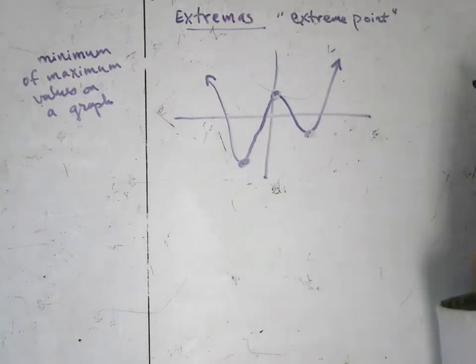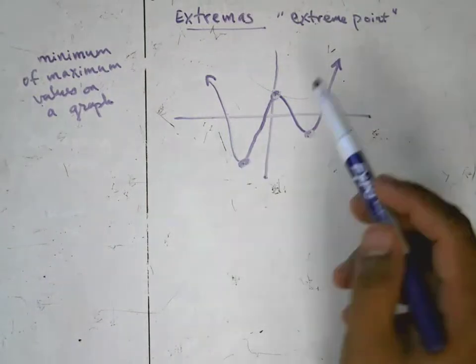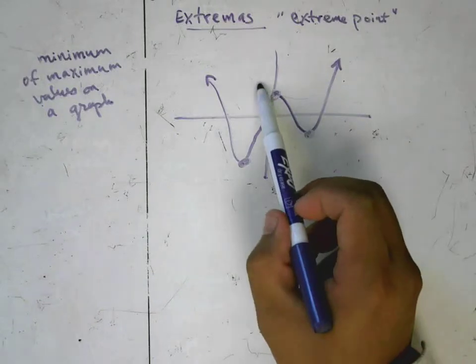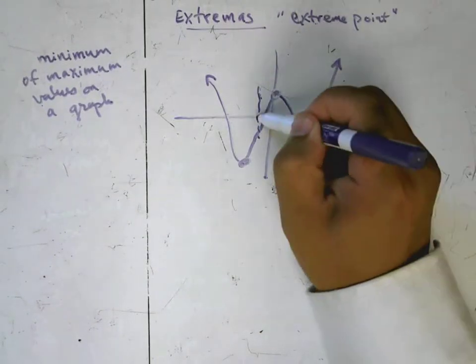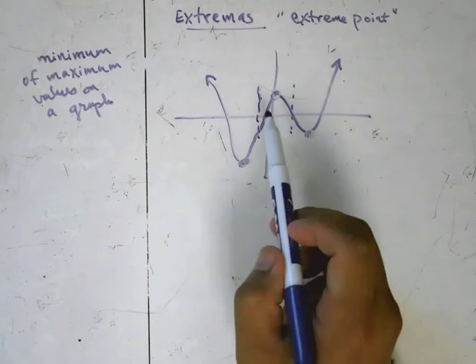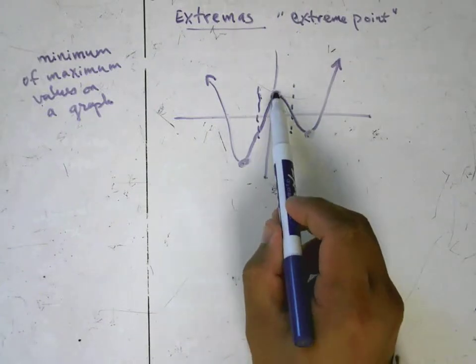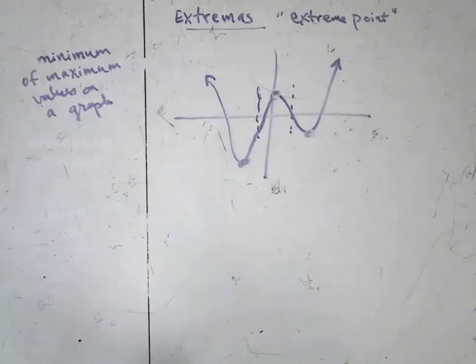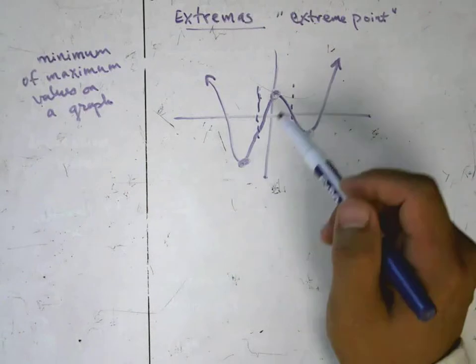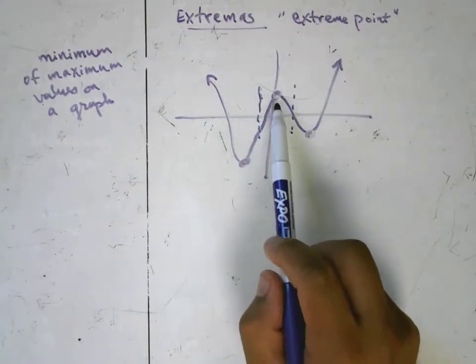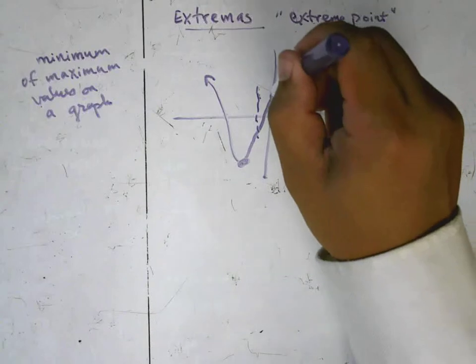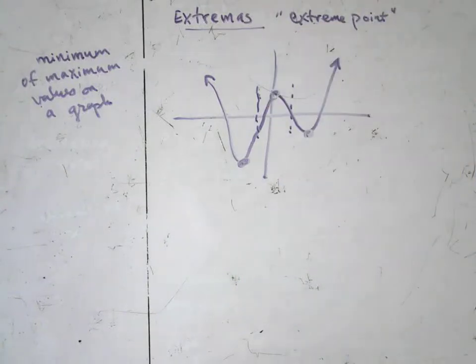So if we pick some interval, like maybe between this point and this point, within this interval, this point is as high as we can get. Maybe we can get higher at other parts in the graph, but at least within this specific interval, there is one point here that is higher than all of the other points. And for now, this is the definition that we're going to go with.